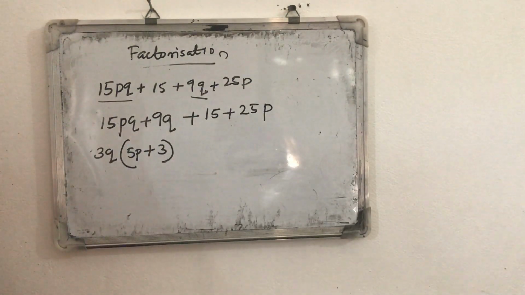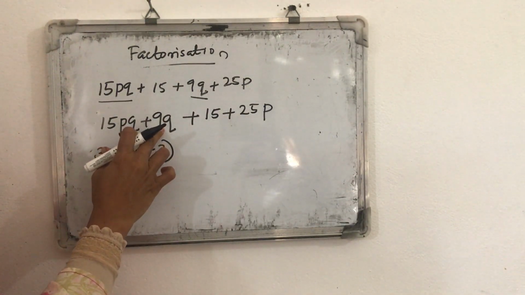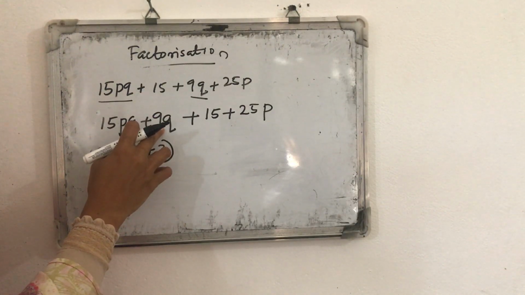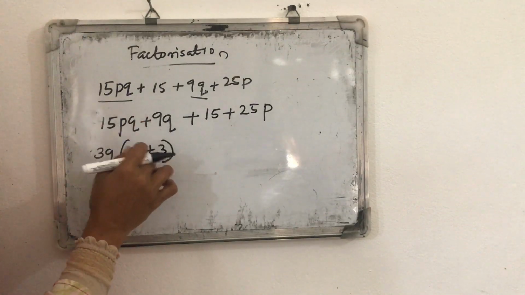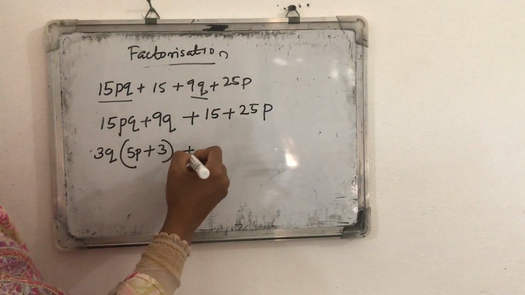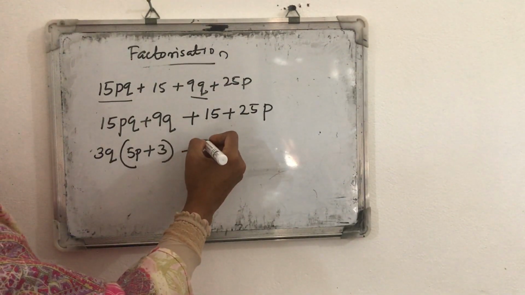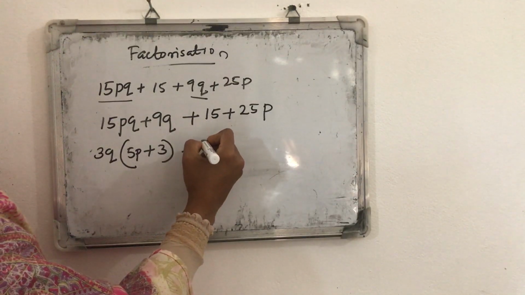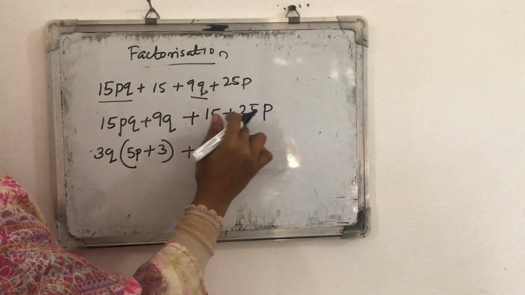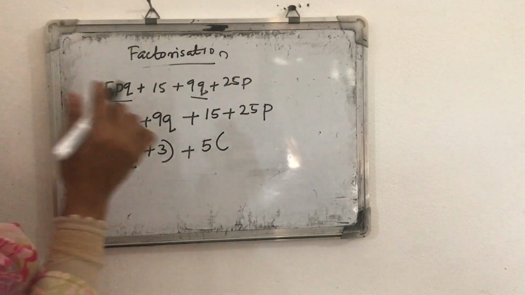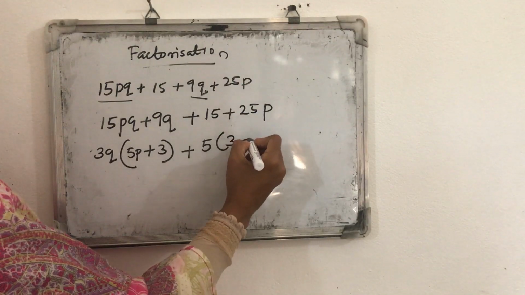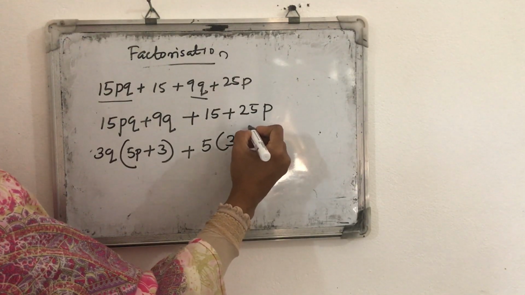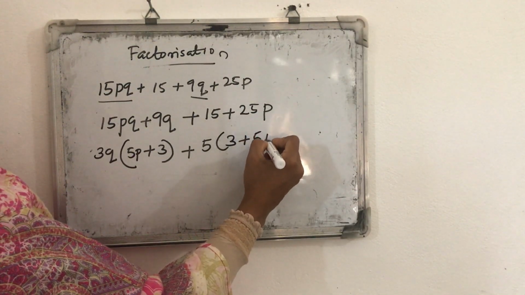5p plus 3. Clear? 9 divided by 3 gives 3, q is already taken, so only 3 remains. Plus, in this we can take 5 outside; 5 is the common factor in both. Then 3 remains here; 3 into 5 is 15. Plus 25 when we take 5p.